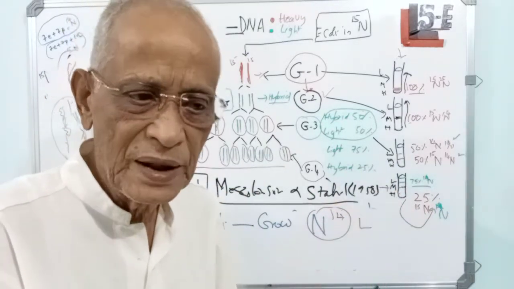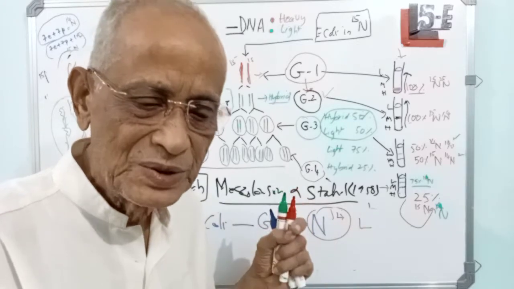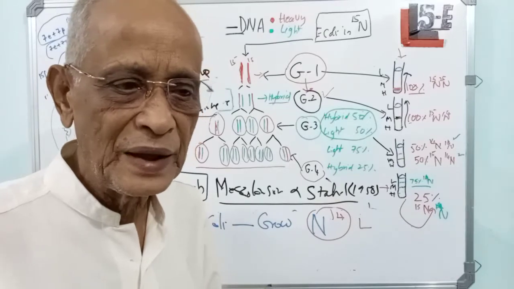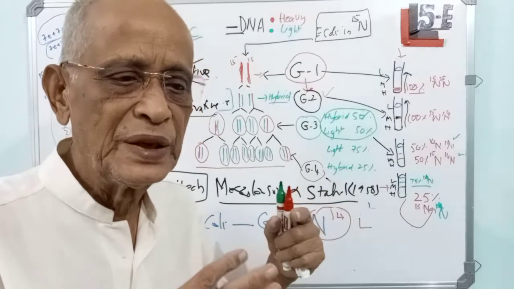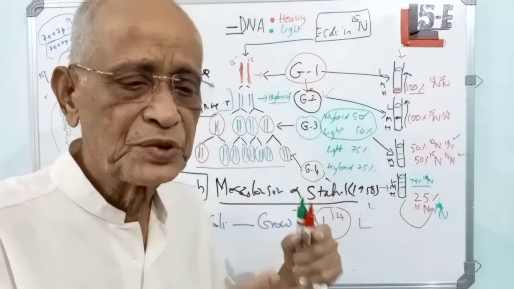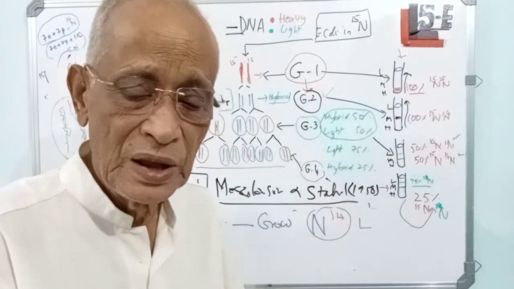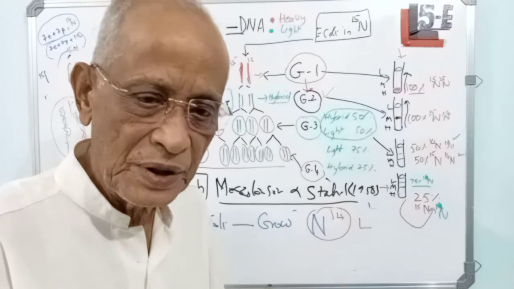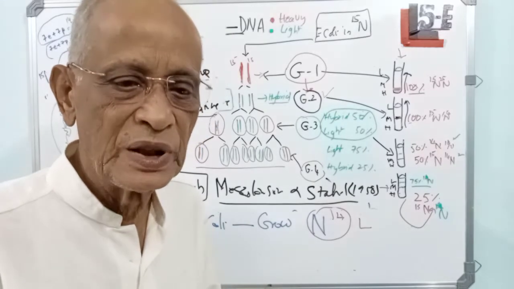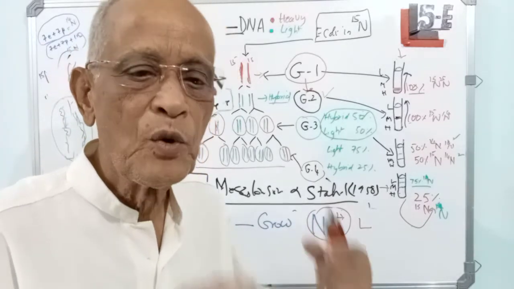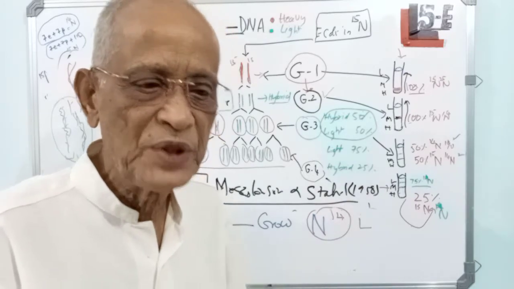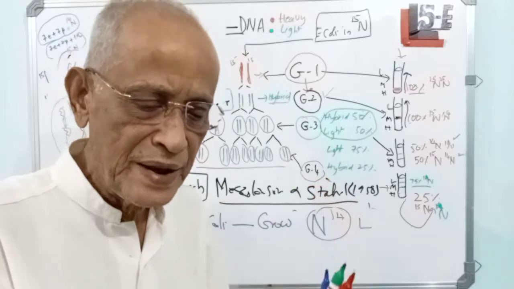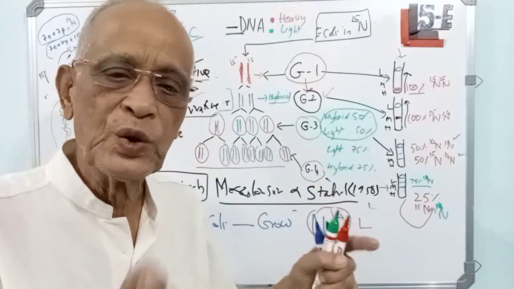That zygote develops into an embryo and into a human being that may contain 6,000 billion cells, which will have the same information present in the parents. This is possible only because of semi-conservative replication, meaning they conserve a part of the parental DNA and keep on adding the new strands.